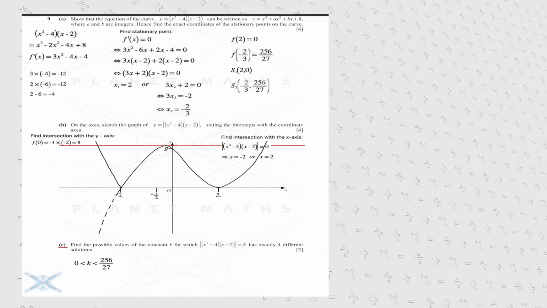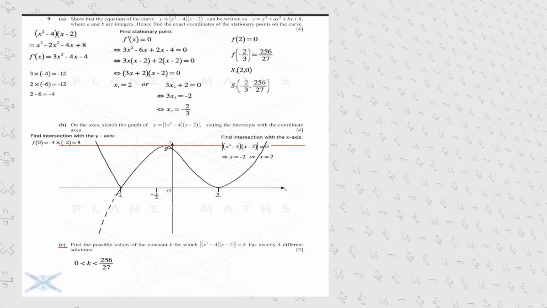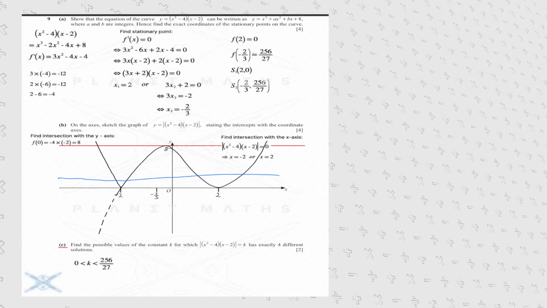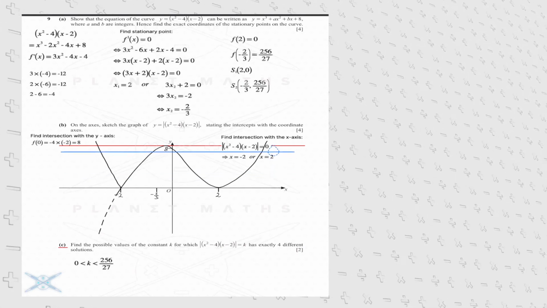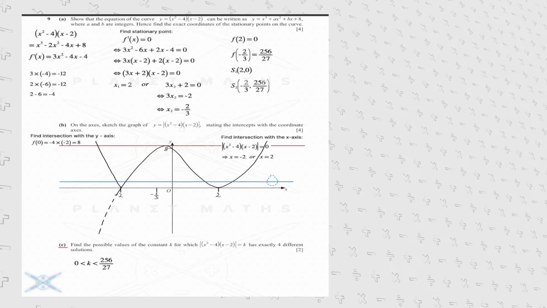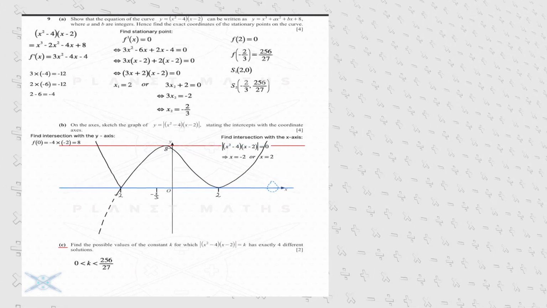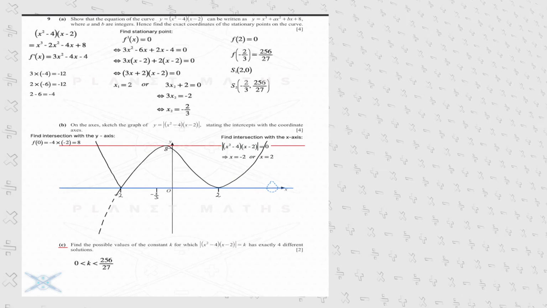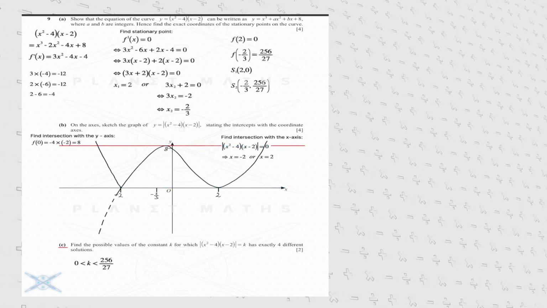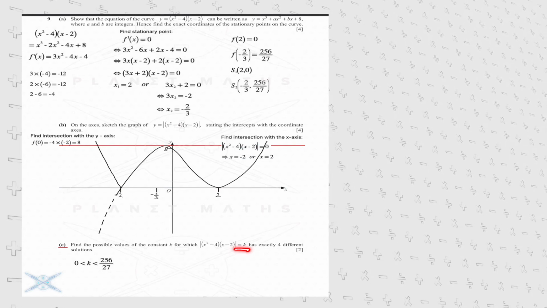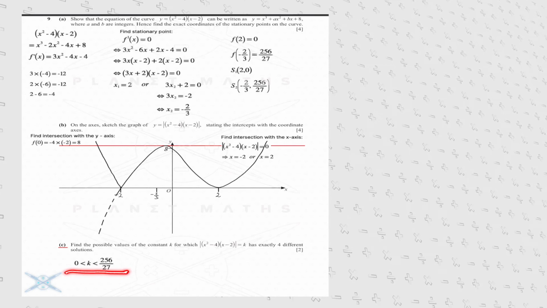So for example, this parallel to the x-axis would intersect the function 4 times, and everything that's between y equals 8 and y equals 0 without those being included, because for y equals 0 it would only intersect or touch it twice, and for y equals 8 it would do so exactly 3 times. Therefore, k can only intersect this function exactly 4 times within the interval of 0 and 256/27 excluded.